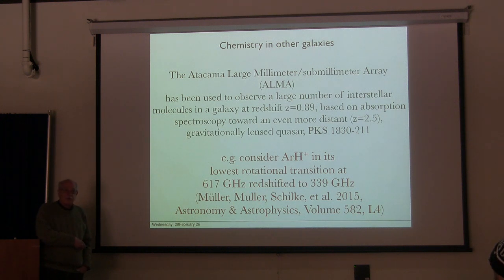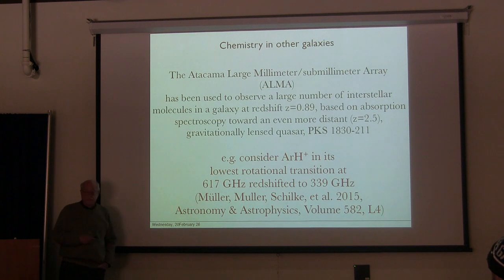For example, different isotope ratios, because the stellar processing of matter is not as advanced in that distant galaxy as it is in our own galaxy now. And also the elemental abundances themselves might possibly be expected to be a little bit different. So that was part of the motivation for embarking on that.